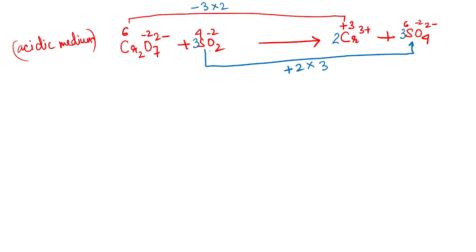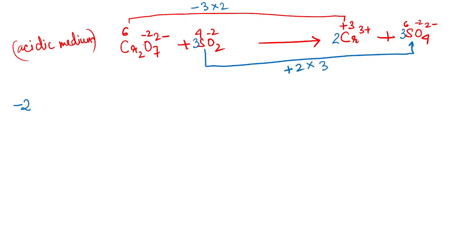Then the next step is that we have to see the total amount of charge which is present on the right side and which is present on the left side. Let us see. Here on chromate the total charge is -2. On sulfite the total charge will be -2, and SO2 is neutral, so here your charge is 0.